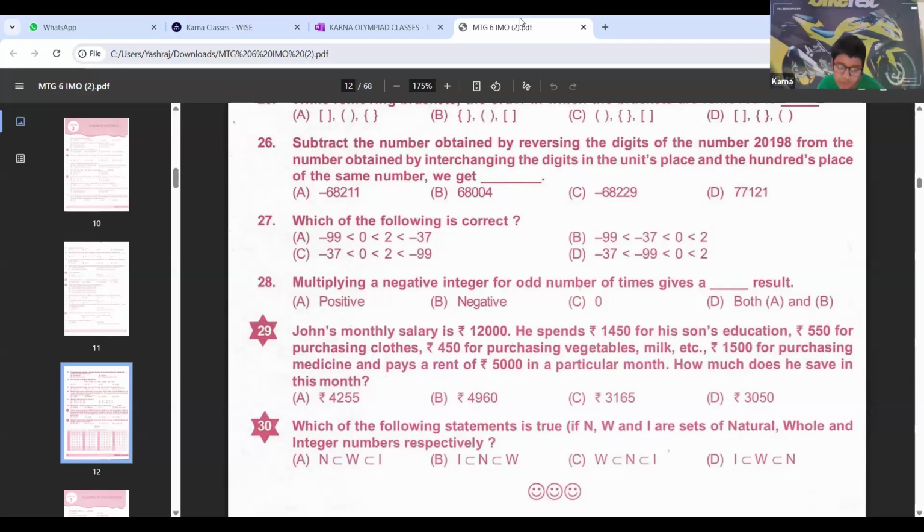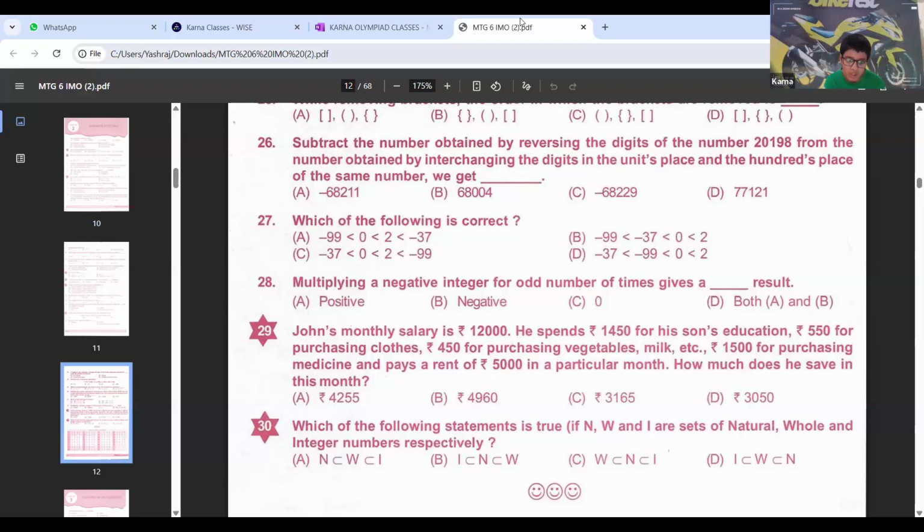Okay, ma'am, let me read the 29th question. John's monthly salary is 12,000 rupees. He spends 1450 rupees on his son's education, 550 rupees for purchasing clothes, 450 rupees for purchasing vegetables, milk, etc., 1,500 rupees for purchasing medicine and pays rent of 5,000 rupees in a particular month.